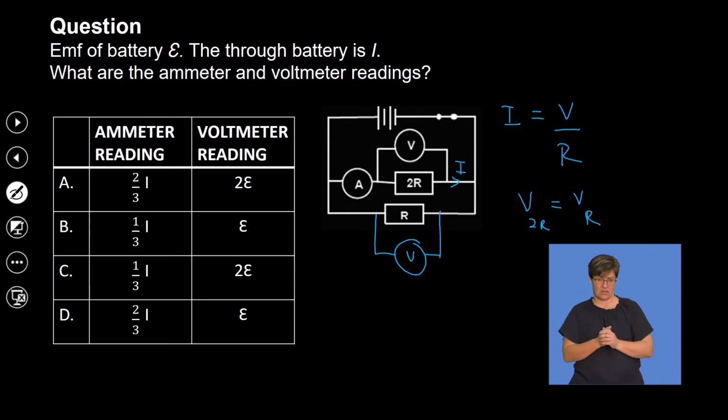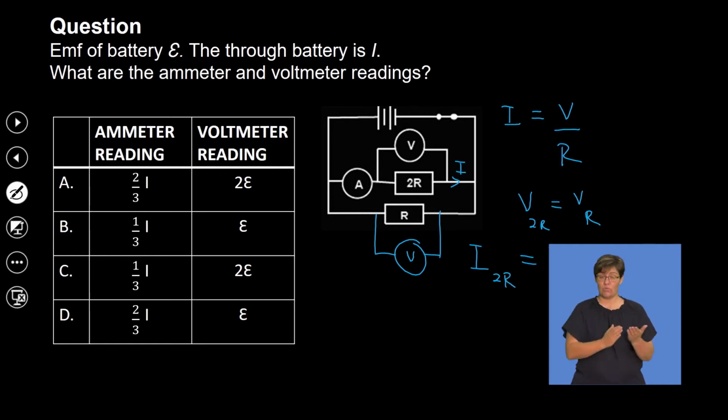Now, if 2R is double that of R, what does it mean? It means R will receive more current than the current that goes through 2R, because 2R is double R. That's another way of saying it. So the current that goes through 2R is equal to I.